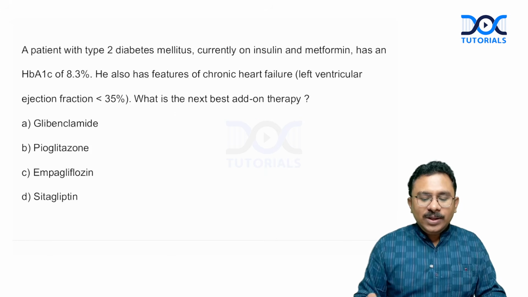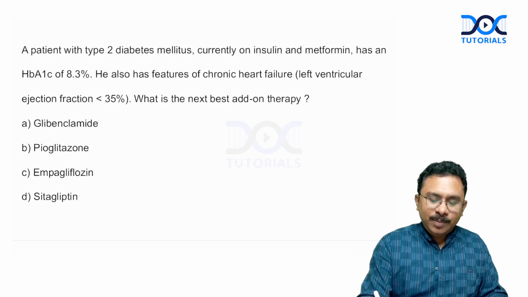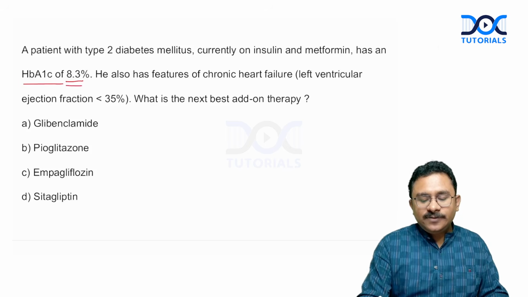A patient with type 2 diabetes mellitus, currently on insulin and metformin, has an HbA1c of 8.3. So we are thinking about an uncontrolled diabetes, okay? And the patient has features of chronic heart failure as well.